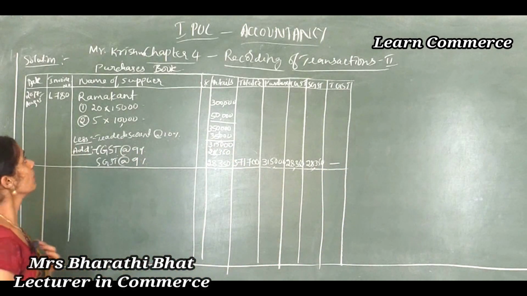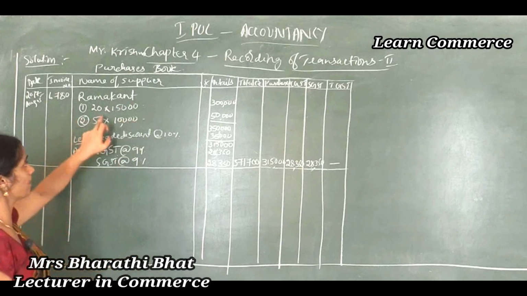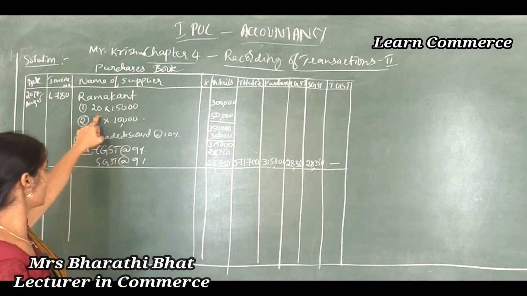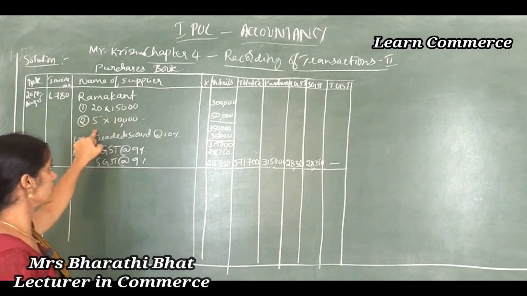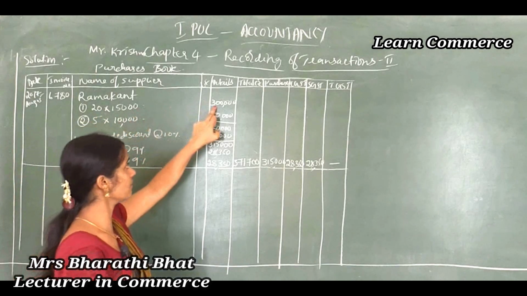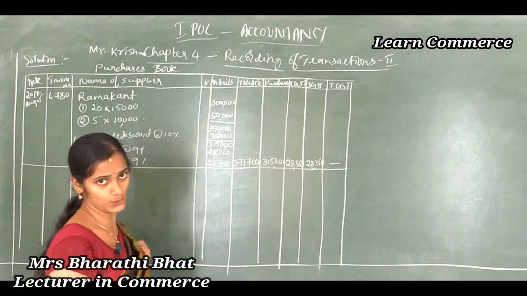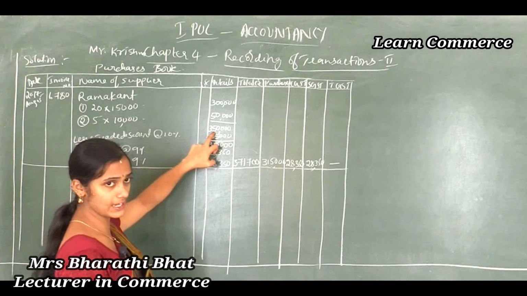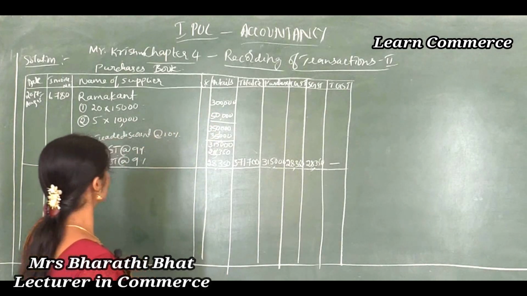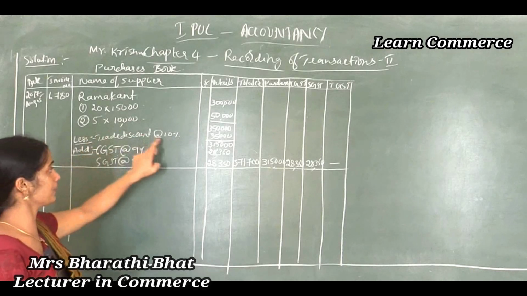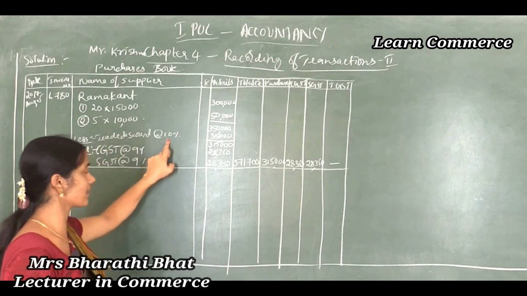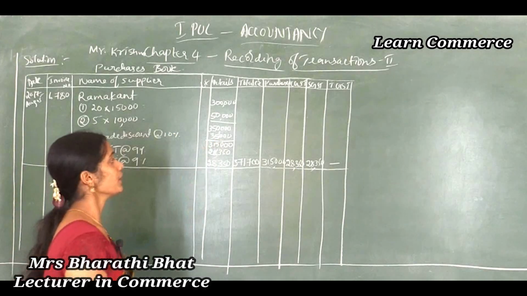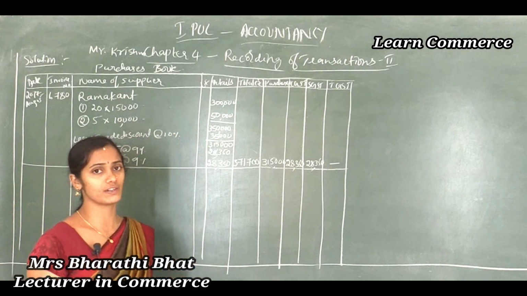From Ramakant you purchased 20 televisions at rupees 15,000 and 5 DVD players at rupees 10,000. The total value is rupees 3,50,000. Afterwards you have to deduct a discount at 10%, which comes to 35,000. You know, always discount will be deducted.